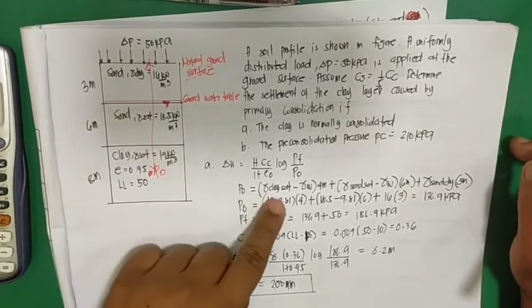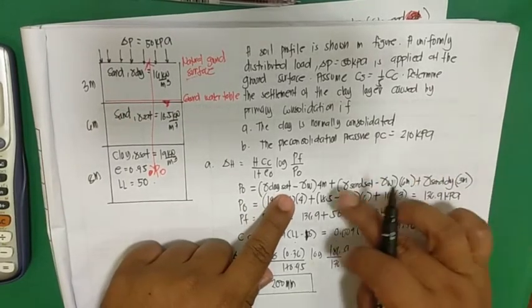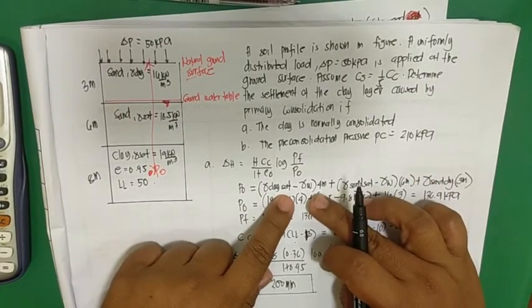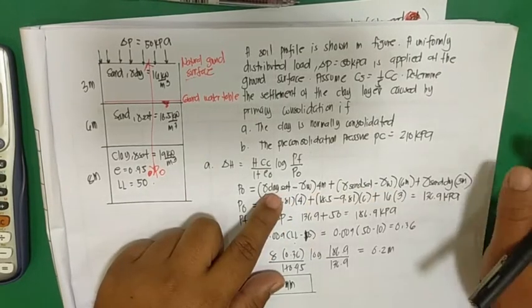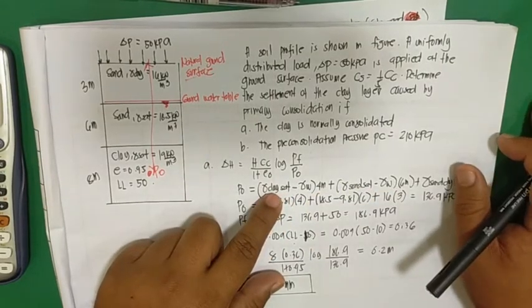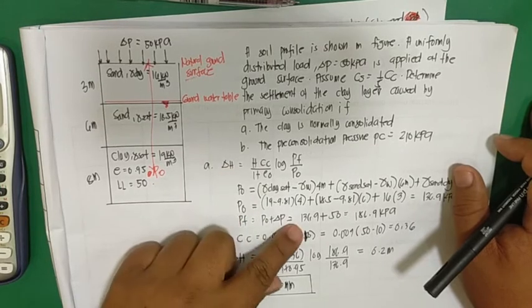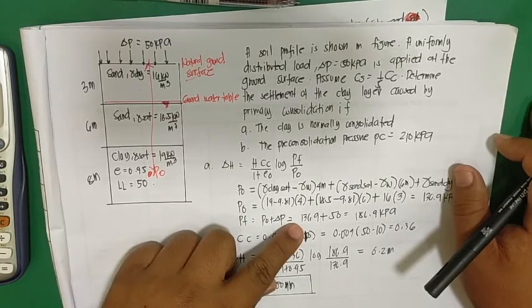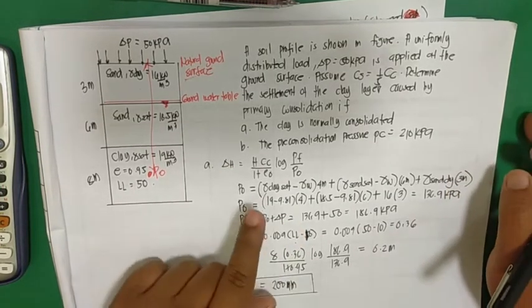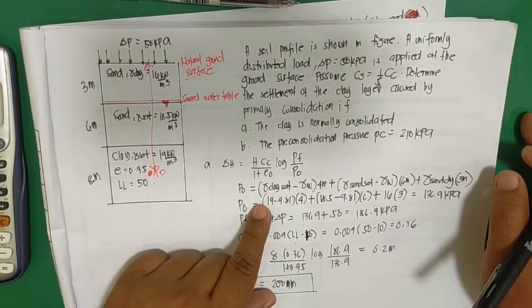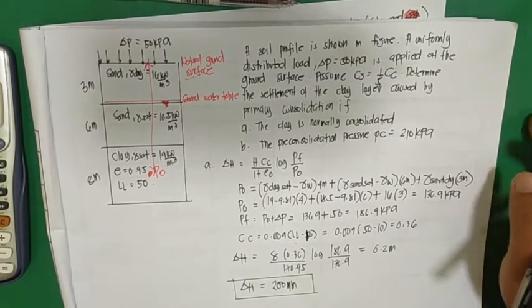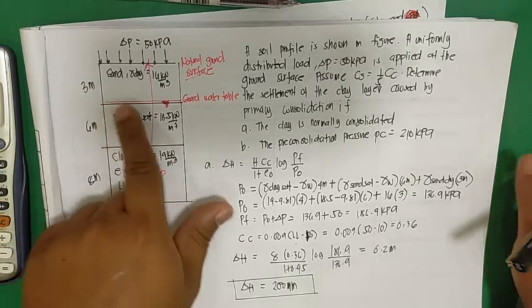So what we did is we deducted the gamma of water. But in the previous problem, only the properties were given, so we go directly to the gamma submerged. Okay? So let's continue with letter B.